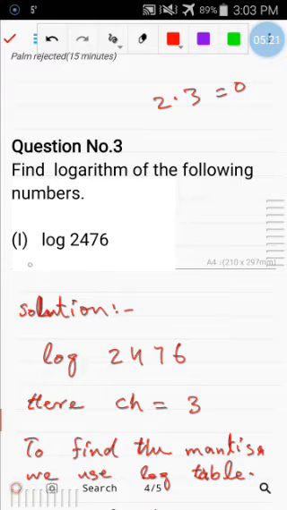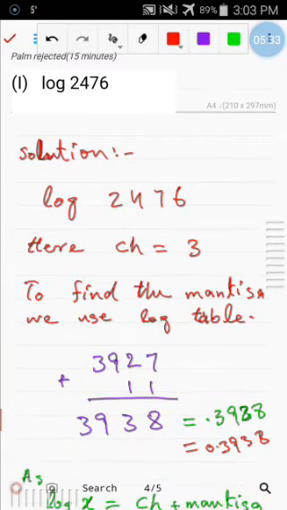Now we discuss how to find the logarithm of any number. The first one is log of 2476. Solution: log of 2476. First we find the characteristic of this number.